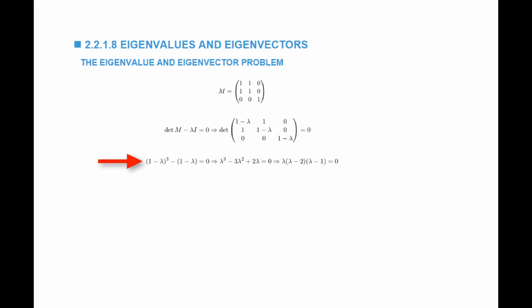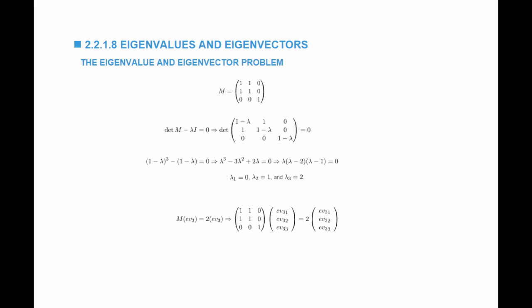This is the determinant of M minus lambda I, from which you get this cubic function of lambda. By simplification, lambda can have one of three values, so there are three possible eigenvalues: 0, 1, or 2.